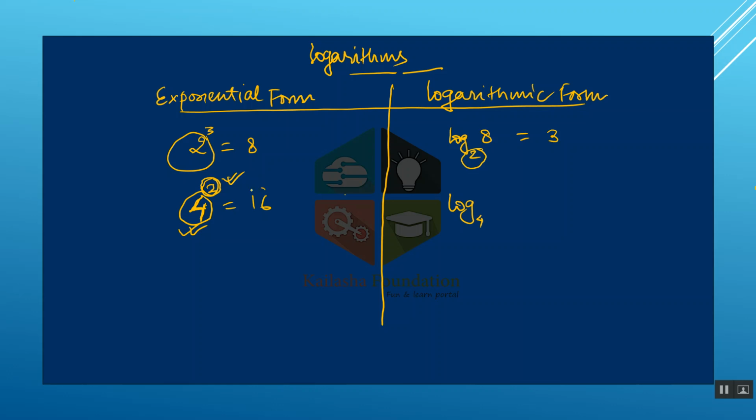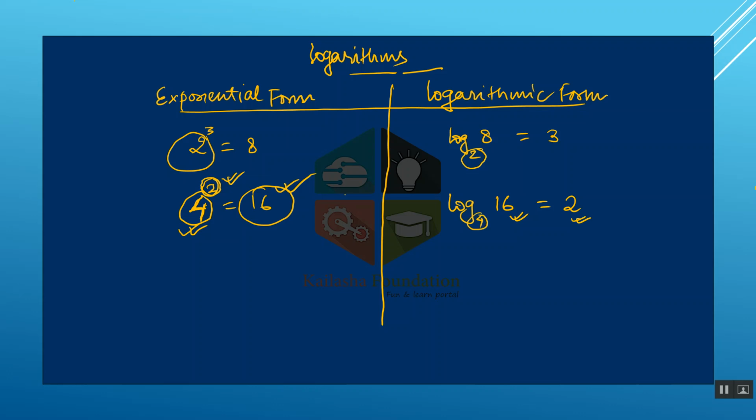The value, the output in exponential form becomes input in logarithmic form, that is 16. It is written in larger size, and the answer is 2. That was input in exponential form and becomes output in logarithmic form. That is also written in larger size, but base is written in smaller size.